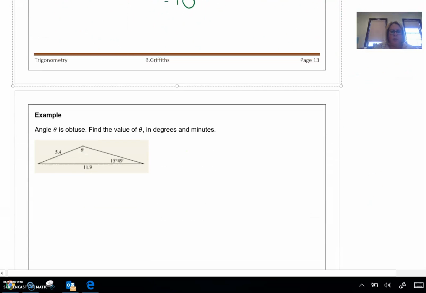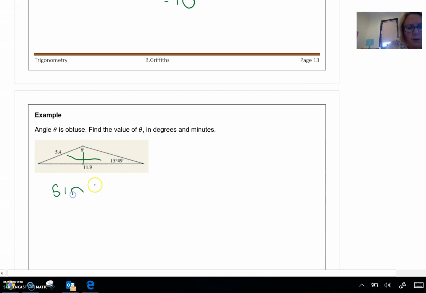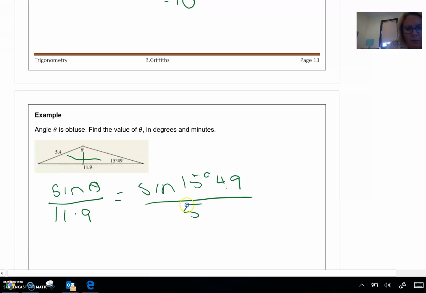Find the obtuse angle. I've got sine theta over 11.9 equals sine 15 degrees 49 minutes over 5.4.